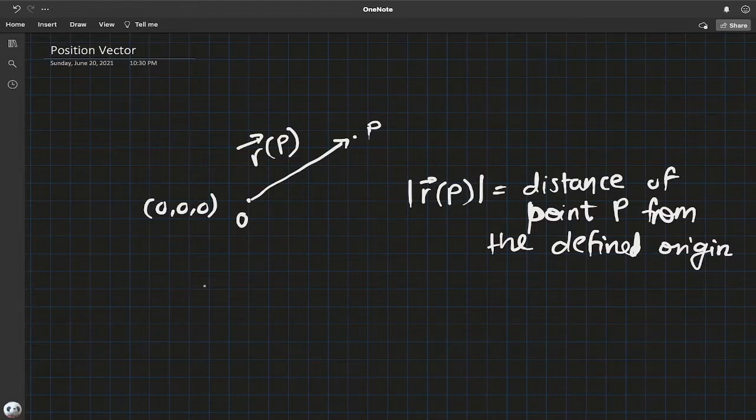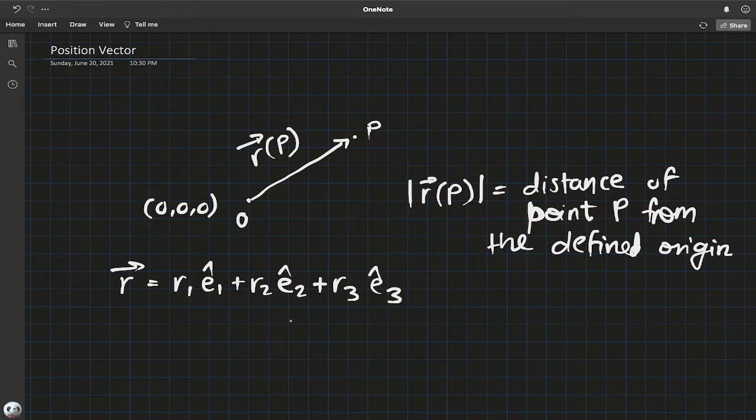Okay, so in the Cartesian system, the position vector can be represented as some R1 component, E1 hat, plus R2 component, E2 hat, plus R3 component, E3 hat, which, using subscript summation, you can write as R_i E sub i hat.